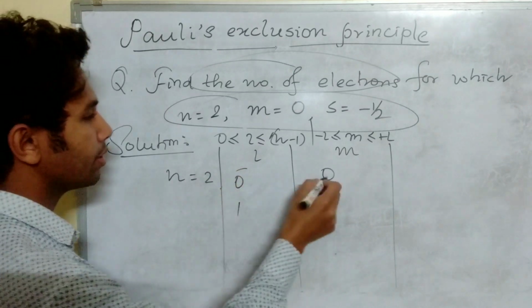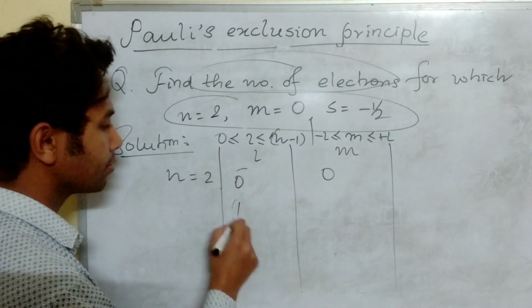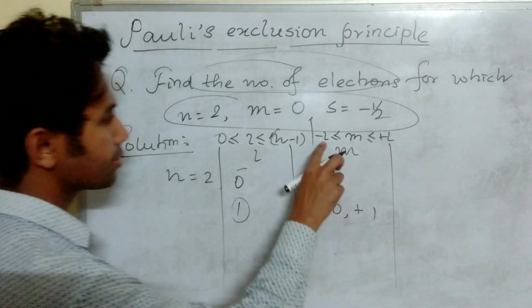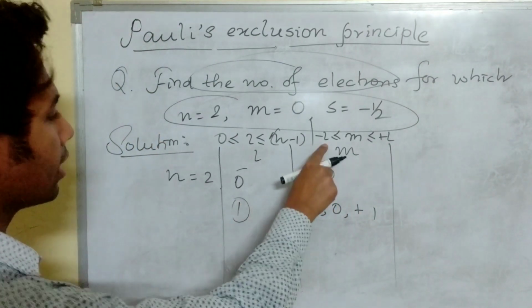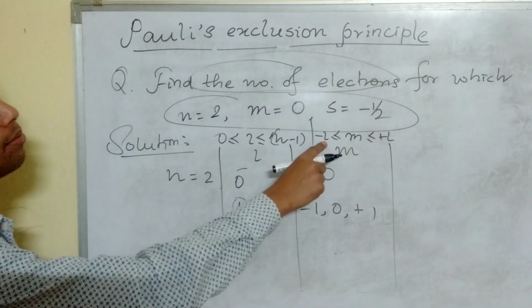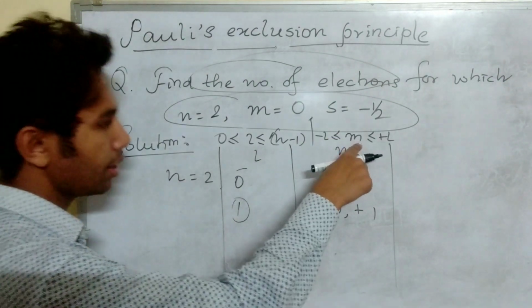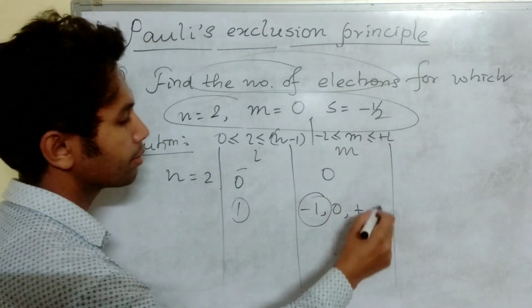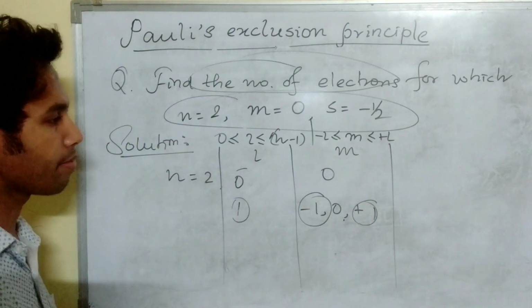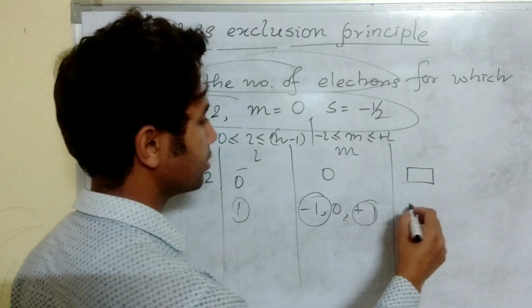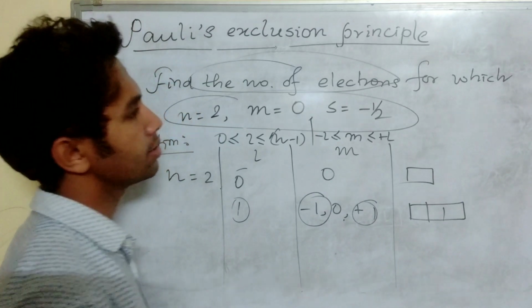If l is 0, m will be 0. If l is 1, m will be -1, 0, +1. So here we have 1 orbital, and here we get 3 orbitals.